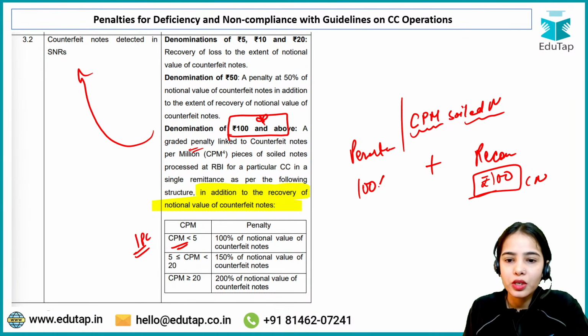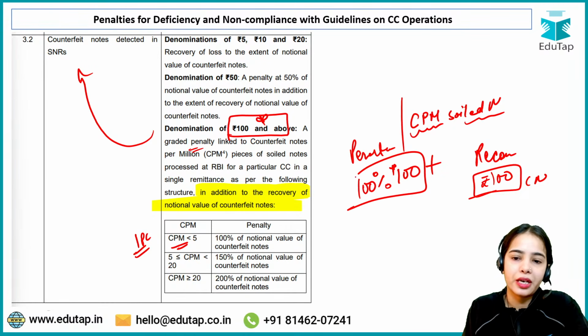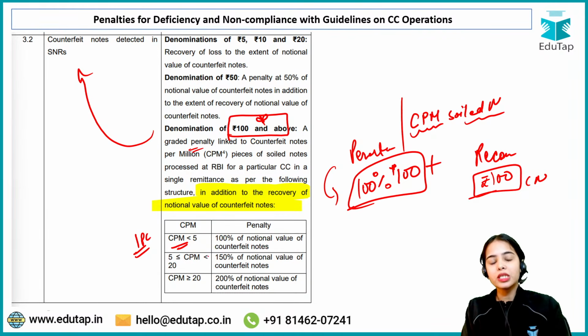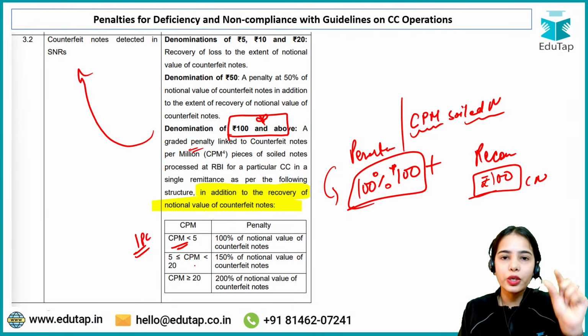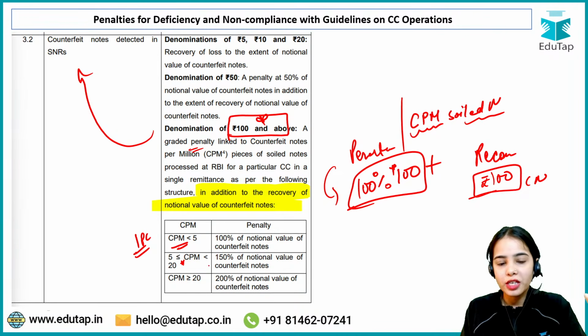So 100% of the face value, that is 100% of rupees 100, is the penalty. If counterfeit notes per million is 5 or more but less than 20, then 150% of the notional value of the counterfeit notes is the penalty.